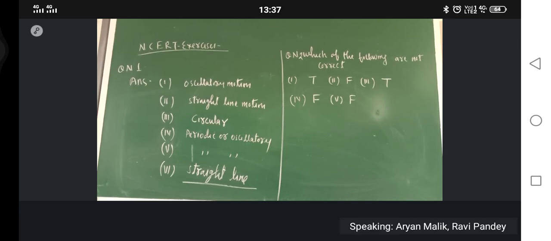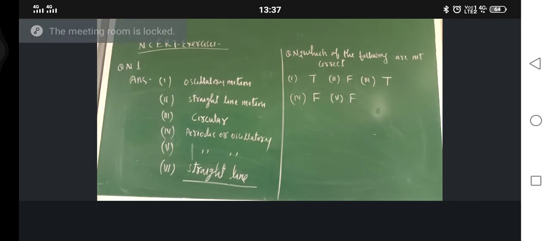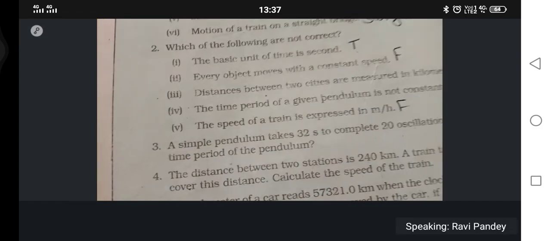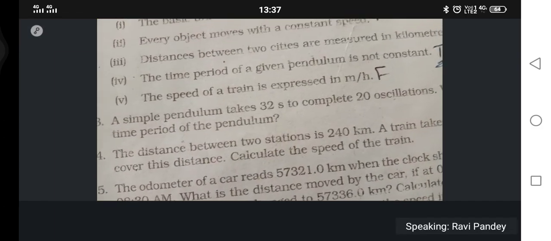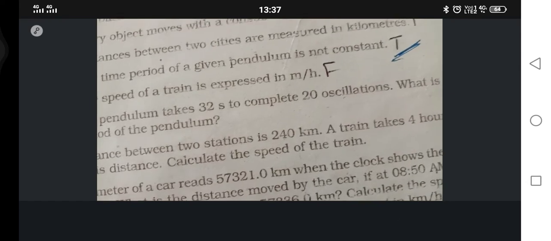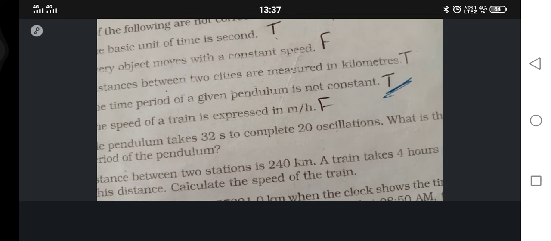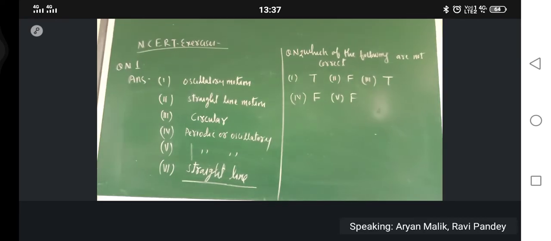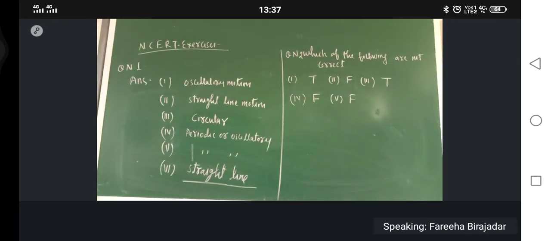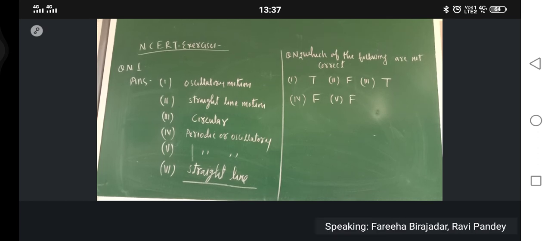Sir, for me it is written it is constant. No, in my book I will show you. Just see here. The time period of a given pendulum is not constant. Written or not? You can check. Sir, in my book also it is constant.